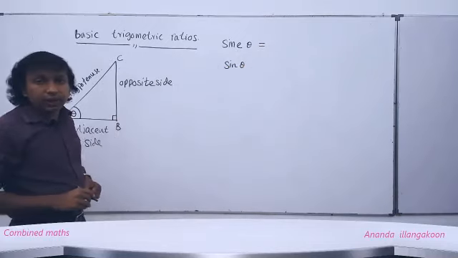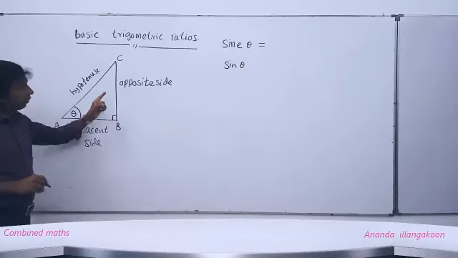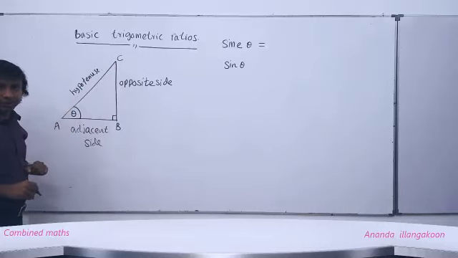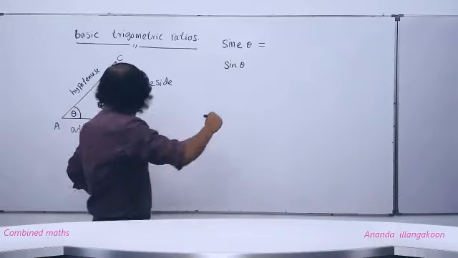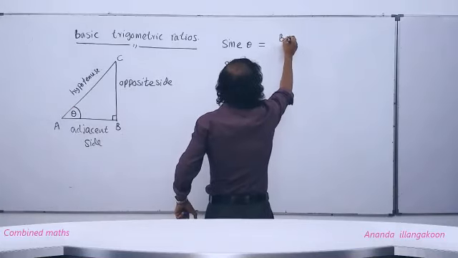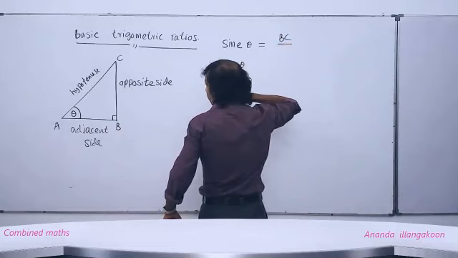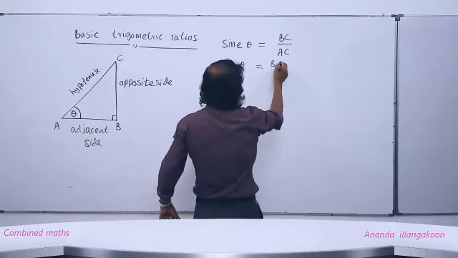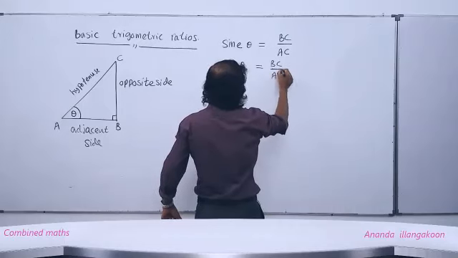The sine ratio of the angle theta we define as the opposite side length divided by the length of the hypotenuse. Okay, so it is BC divided by AC. Then BC divided by AC is the sine theta, sine ratio of the angle theta.